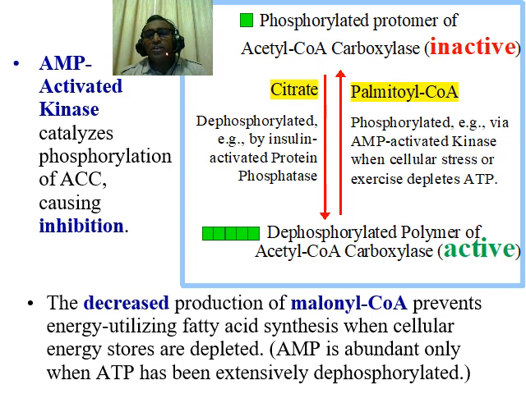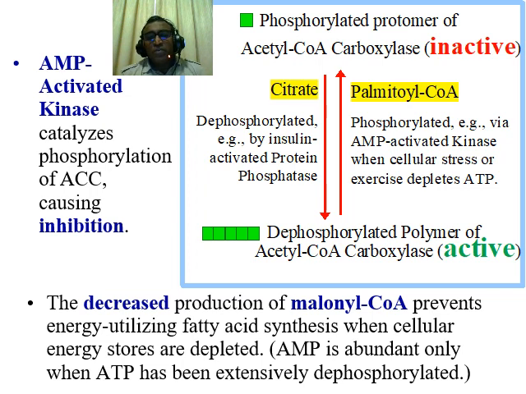When it's inactive, it will be monomer. When it is active, it will be multimeric, as shown in the diagram in green. So that's covalent modification. So when is it activated and inactivated by phosphorylation and dephosphorylation?